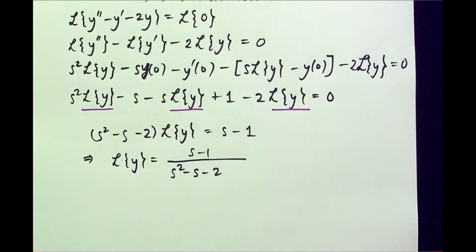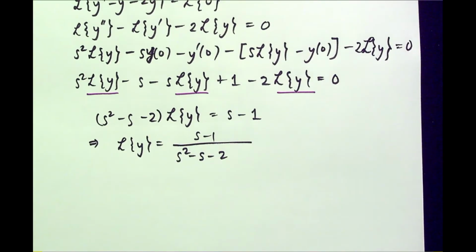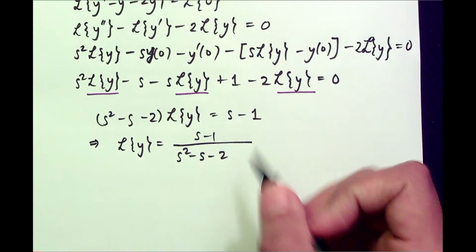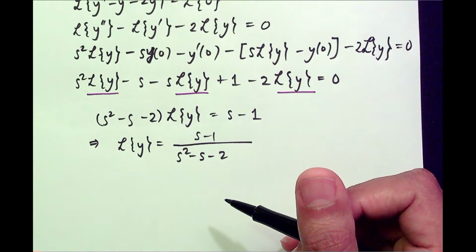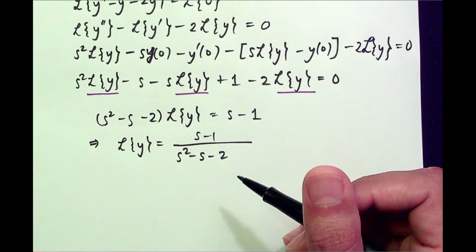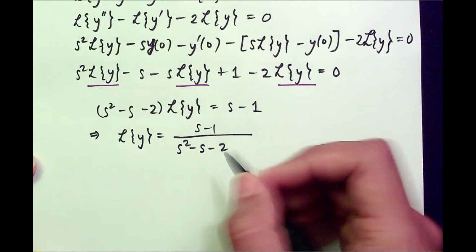So this one is not on the table. So what we're going to do is we have to simplify this. We have to rewrite it in such a way that we can either apply the properties of the Laplace transform to simplify it and look it up in the table. So we're going to break it up into easier pieces.